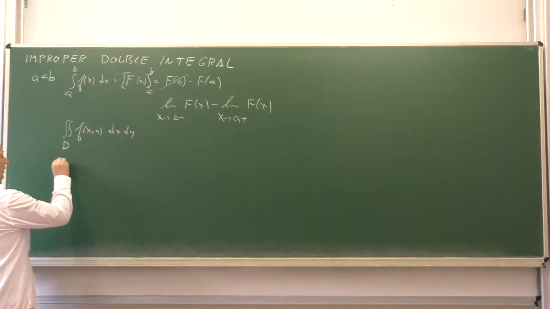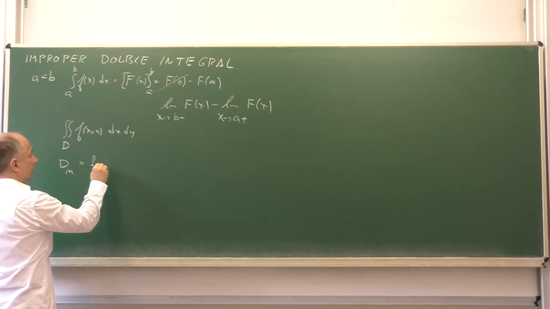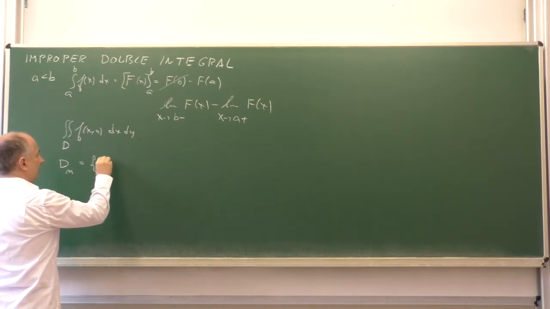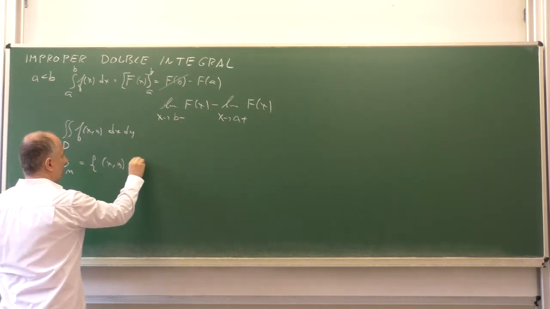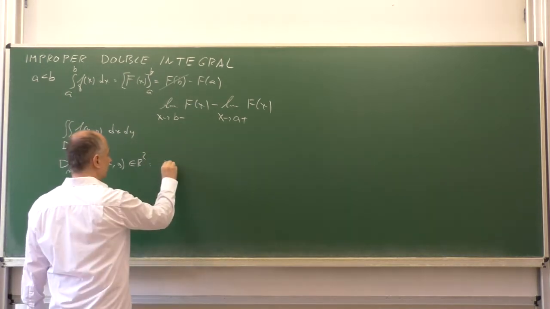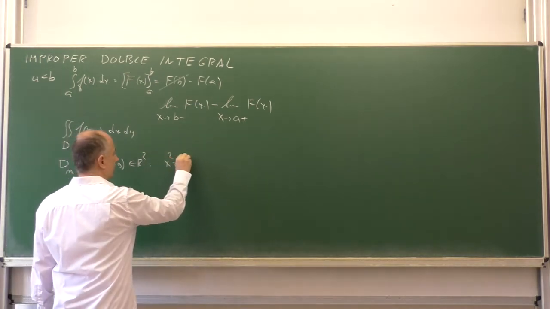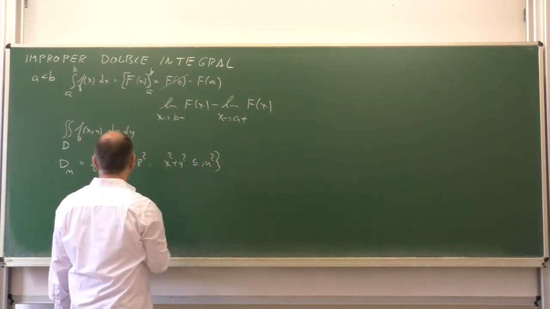So in particular, let's consider the set D_n, which will be the disk with radius n. That means the set of all pairs (x, y) from R^2 such that x squared plus y squared is less than or equal to n squared.